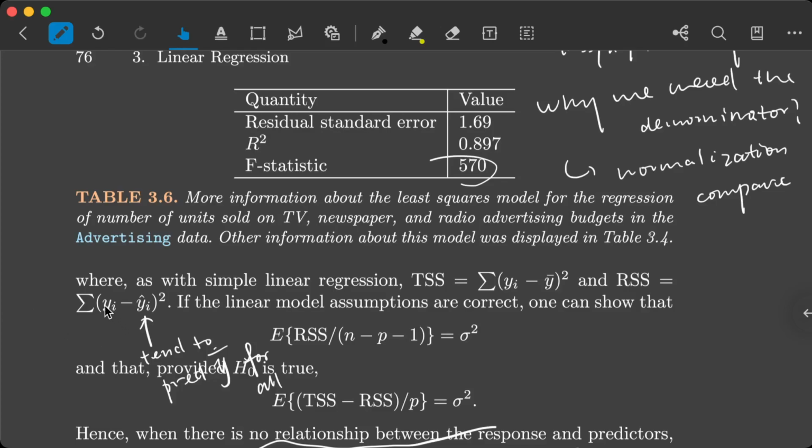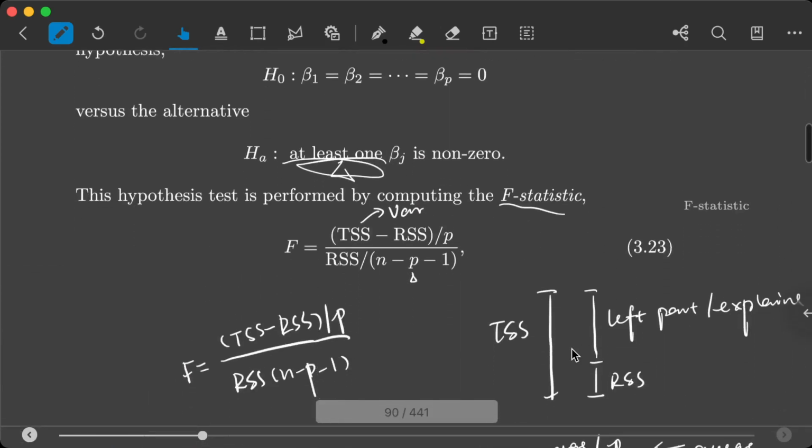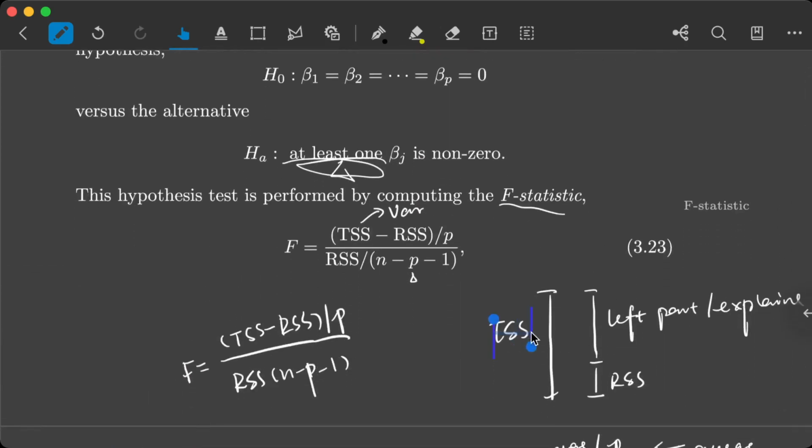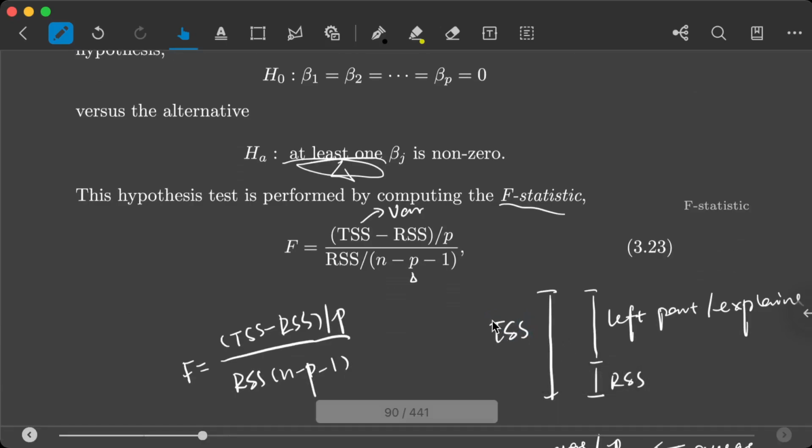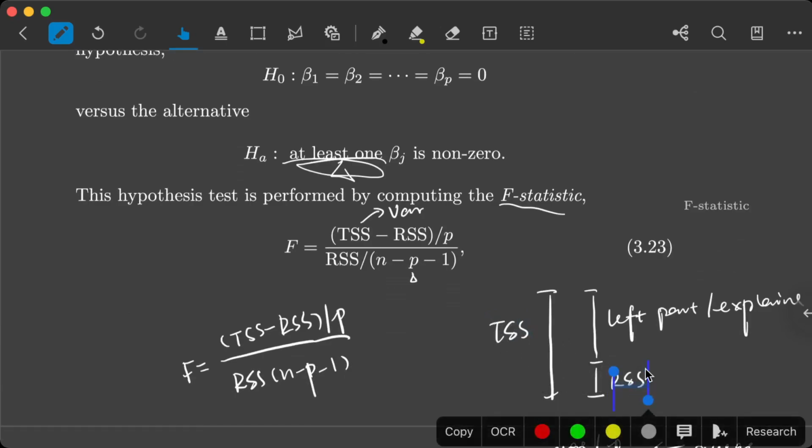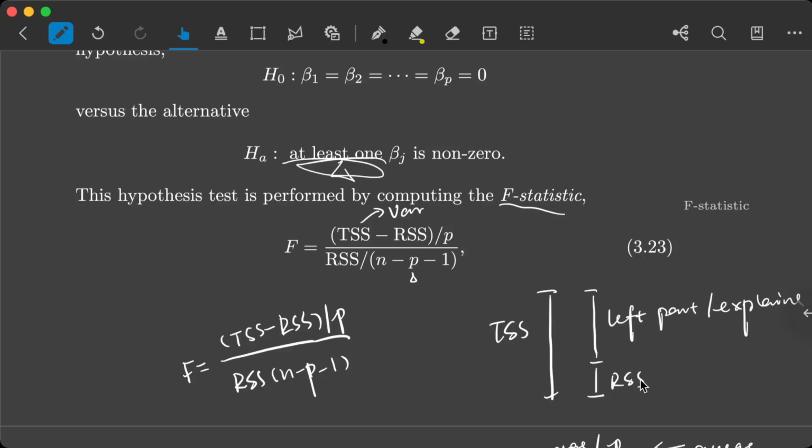But it is still imperfect, so we still have some values left to estimate, which is the residual. We call it residual because it remains after our estimating. So generally it can be described this way: this is the total variance, and this is the residual sum of squares.